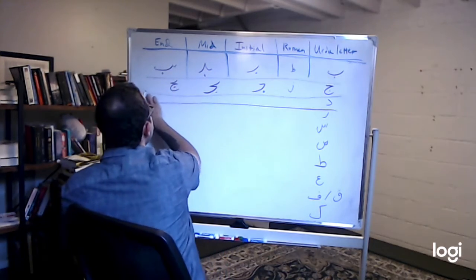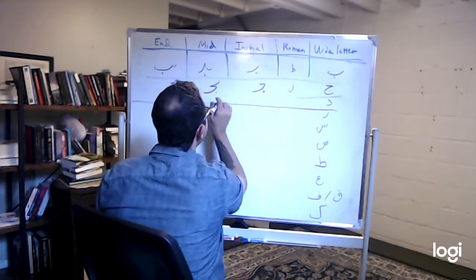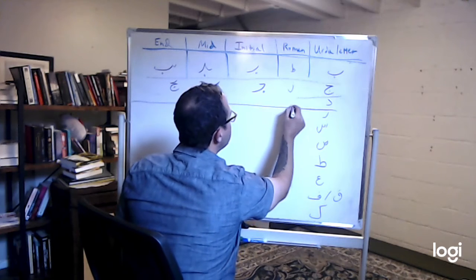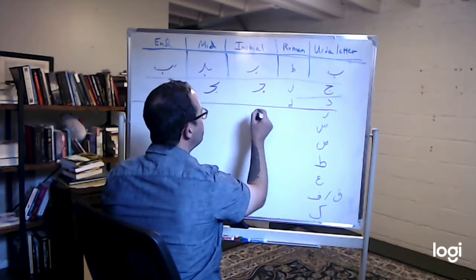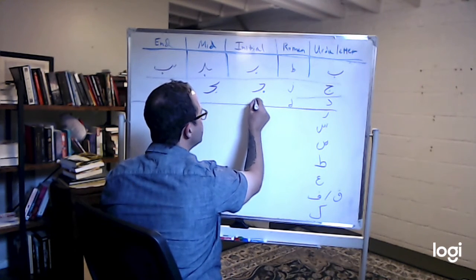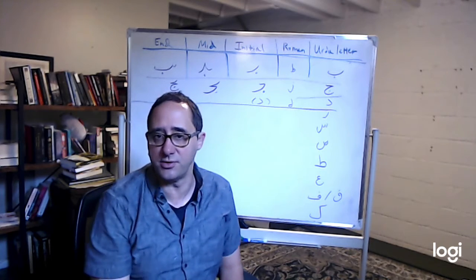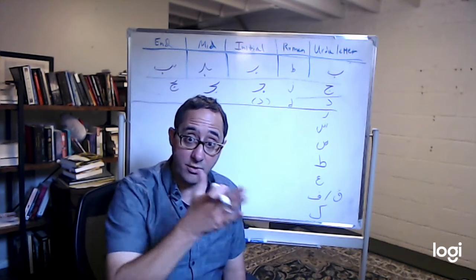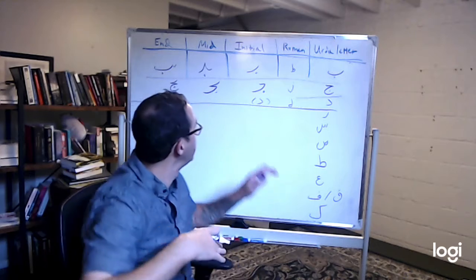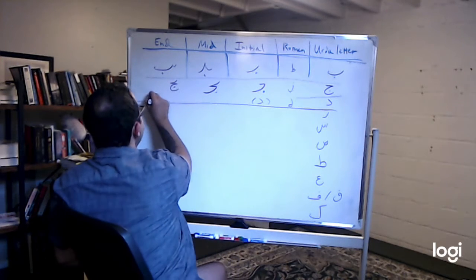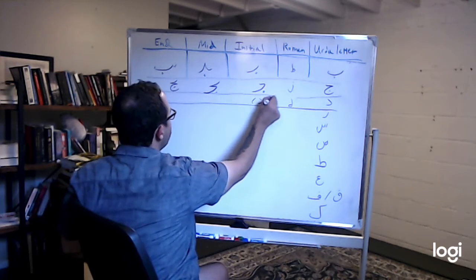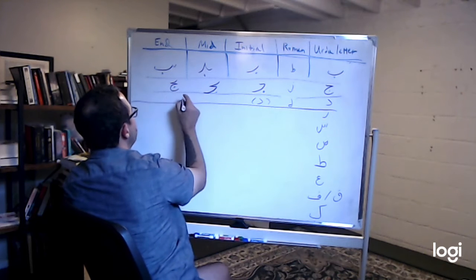All right, let's go into the dal cluster. Okay, the dal cluster is a D. It starts out like this. It's an initial version only. It doesn't connect forward, it only connects from behind. So it doesn't have a middle position, it only has an end position.